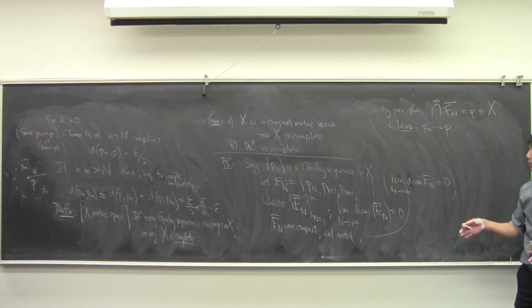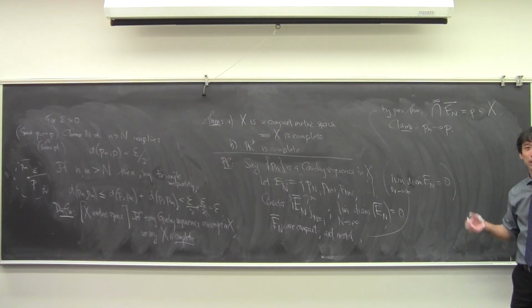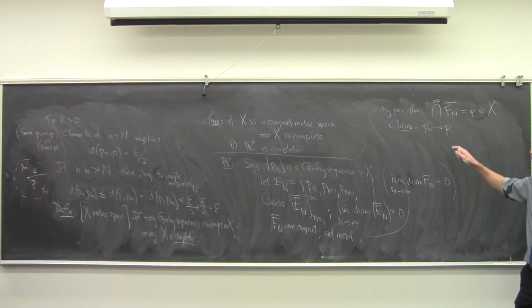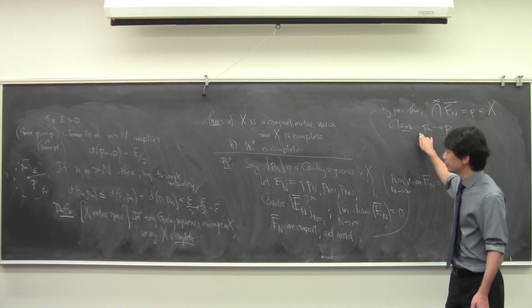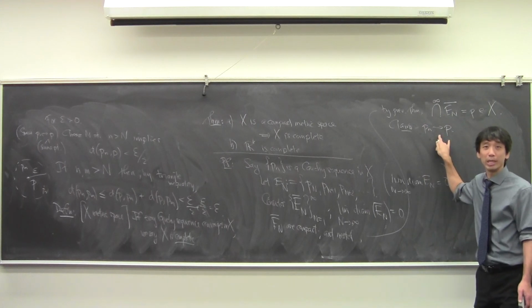The intersection of the closure of the tails is a single point, and we claim that the sequence converges to that point p.